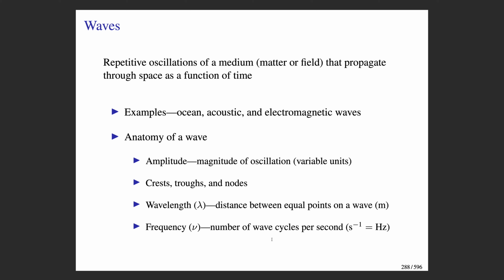We can talk about the very basic anatomy of a wave. So a wave has an amplitude. This refers to the maximum magnitude of whatever it is that's oscillating. For example, in a surface ocean wave, the height of the wave above sea level would be the amplitude of the wave. And you can have crests and troughs, and then there's a part of the wave called a node.